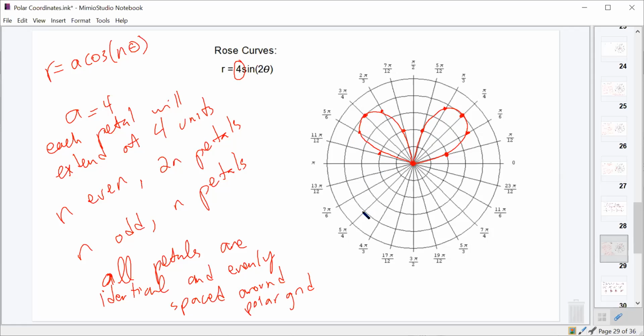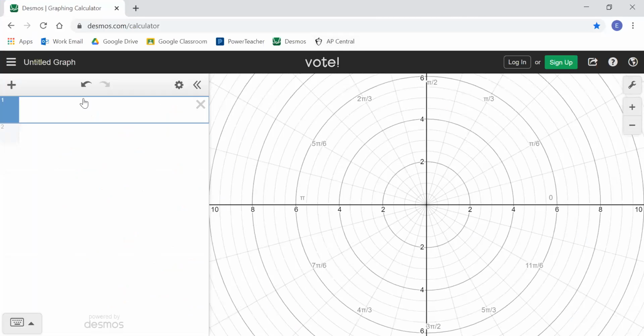And then from 3 pi over 4, we should have one at 5 pi over 4, and out at 7 pi over 4. And that's what this rose curve should look like. My drawing isn't actually that atrocious, but we'll put it up on Desmos anyway.